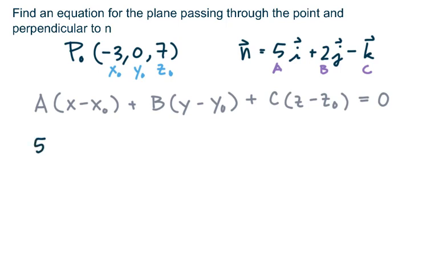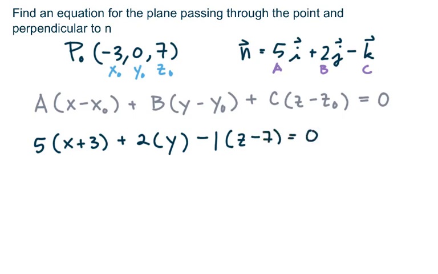So this is going to be 5(x plus 3) plus 2(y minus 0). Of course, we don't need to write minus 0, so I've just got 2y. And that would be minus 1(z minus 7) equals 0. At this point, we just need to simplify this.